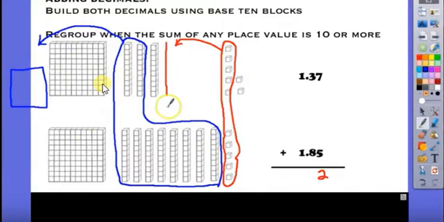Coming back there, you can see there remain 2 rods, and it means that when you add 3 tenths plus 8 tenths together, you'll get 12 tenths. You move 1, you get 3, so here is 3 ones.